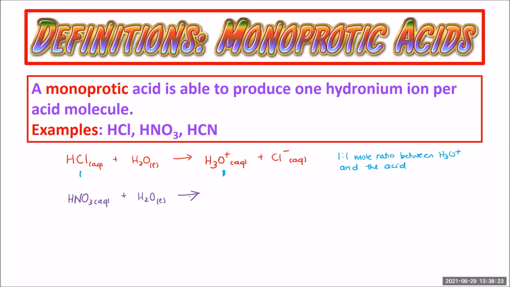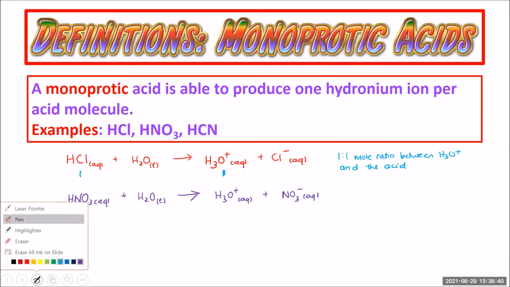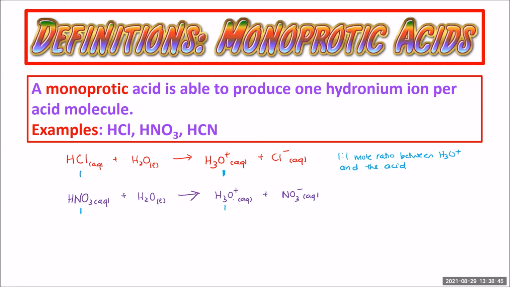If you want more information about strong and weak acids, you can check out my video on that topic. And we're going to get hydronium ions, and this time nitrate ions. And again, we have a 1-to-1 mole ratio between the nitric acid and the hydronium ion. So one nitric acid is producing one hydronium ion.